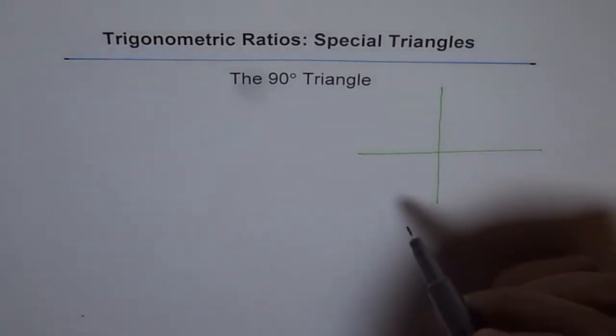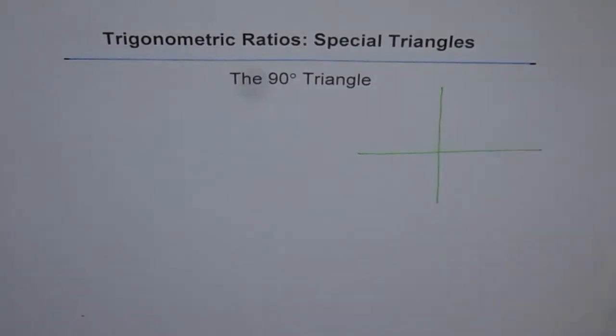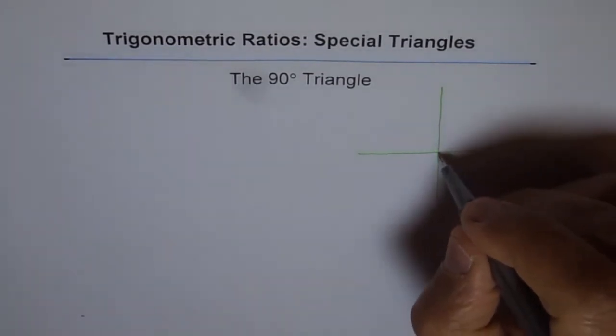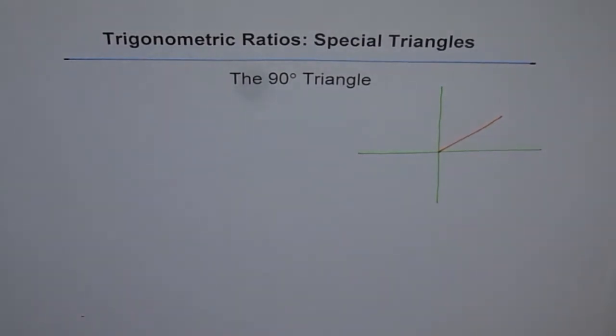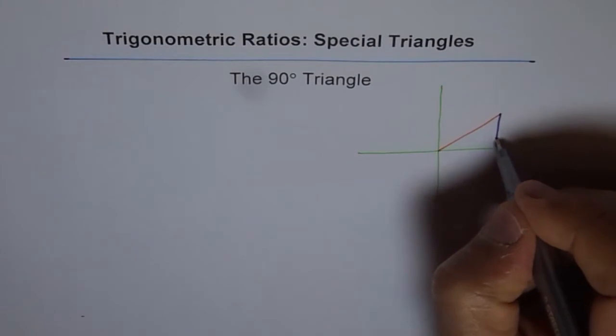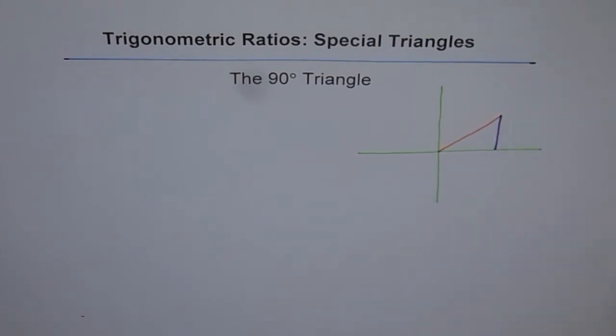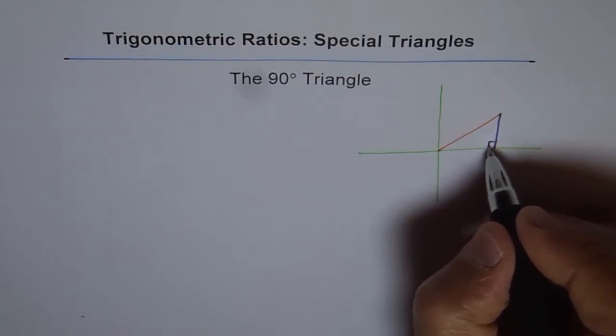Now let me make a triangle with 90 degrees. Let me start like this. So let's have a triangle here in general in quadrant 1. And let's say this is my triangle. Let me use different colors so that we can tell which side is which. Okay, so that gives us a perpendicular here, right?